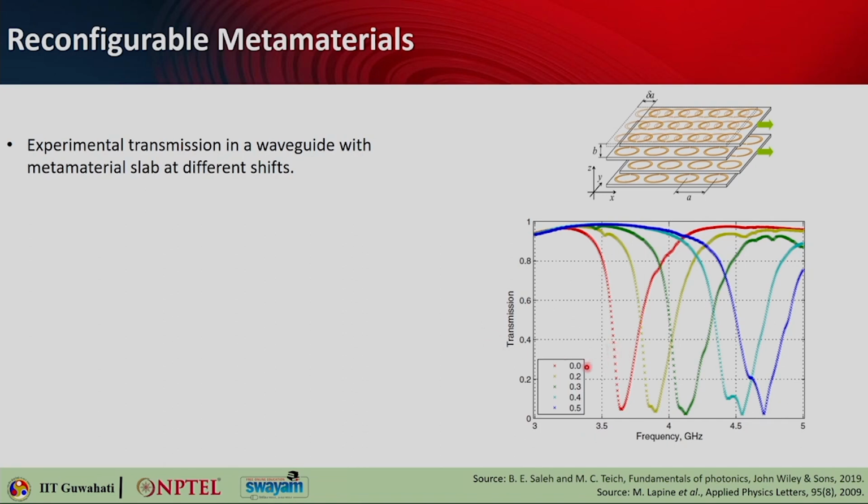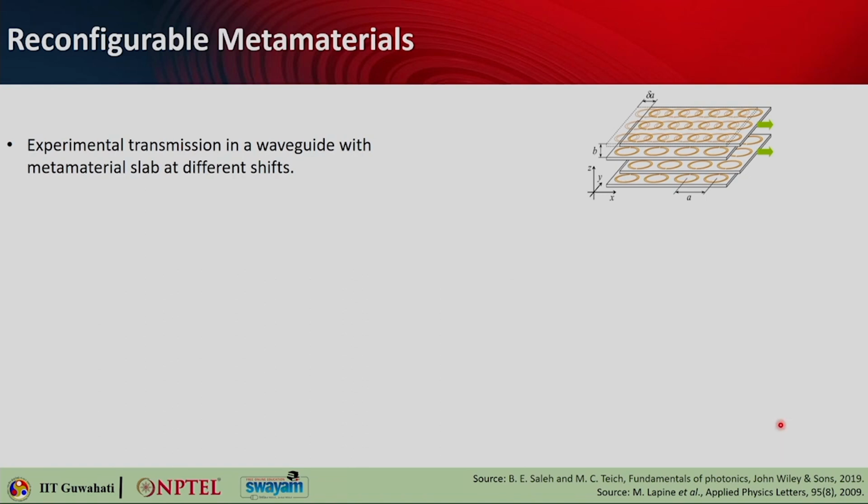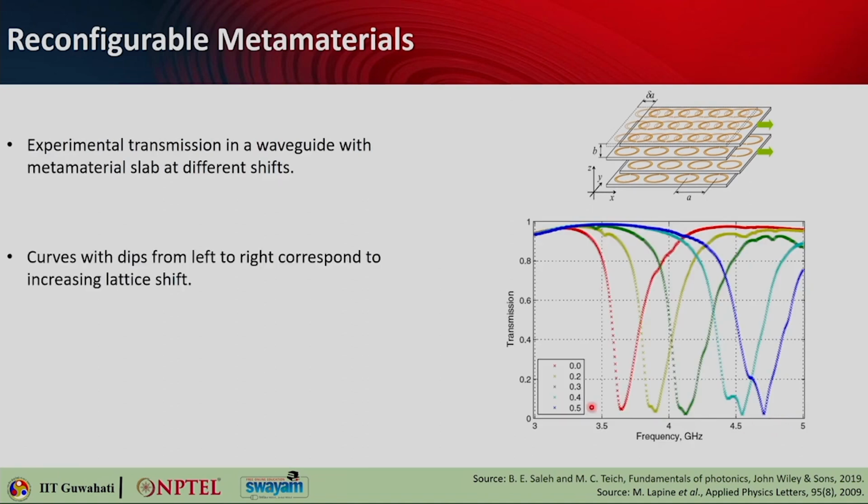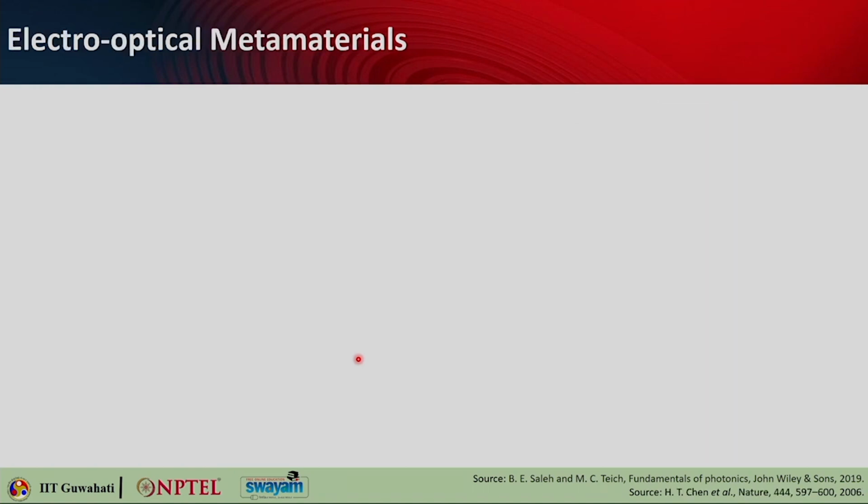This is the shift for 0, 0.2 A, 0.3 A, 0.4 A and 0.5 A, and you can see how you are able to tune it. That is how the same metamaterial can be reconfigured to resonate at a different resonance frequency. So, that makes it a reconfigurable metamaterial.